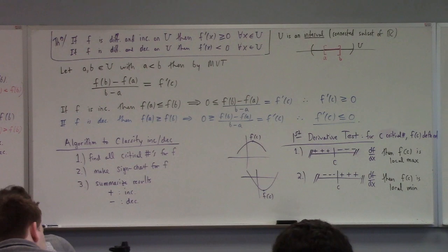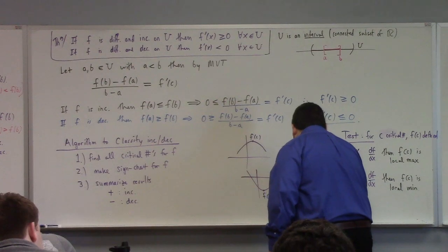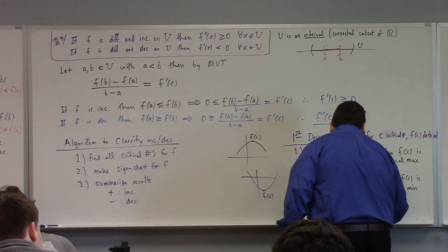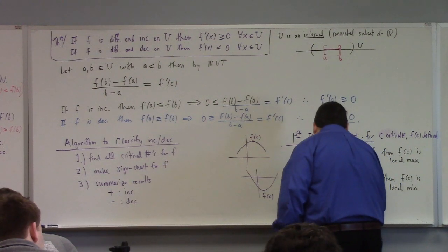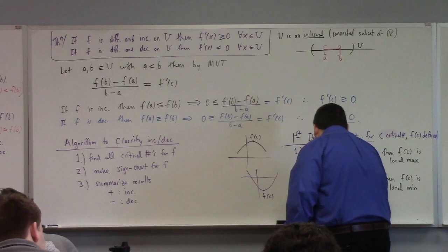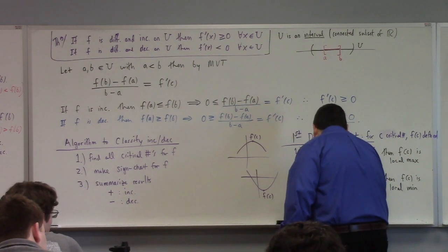There is a case 3 to the first derivative test. What's the other possibility at a critical point? It's the same, exactly. So you either got minus, minus, minus and minus, minus, minus on the other side, or you've got pluses on both sides.